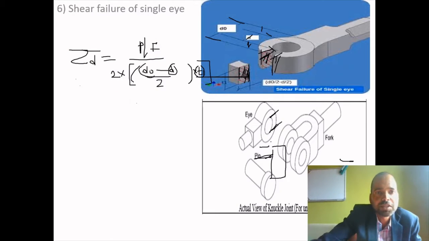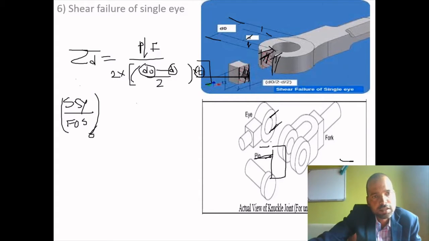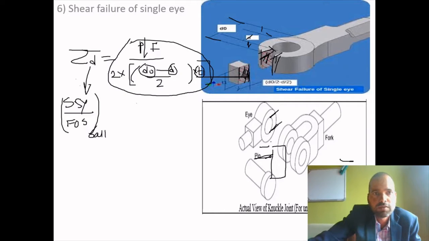From this equation again we have to check the safety of the design. So tau allowable is equal to SSY upon factor of safety. We will calculate this first, and then, putting in all these known values, we will calculate tau calculated.